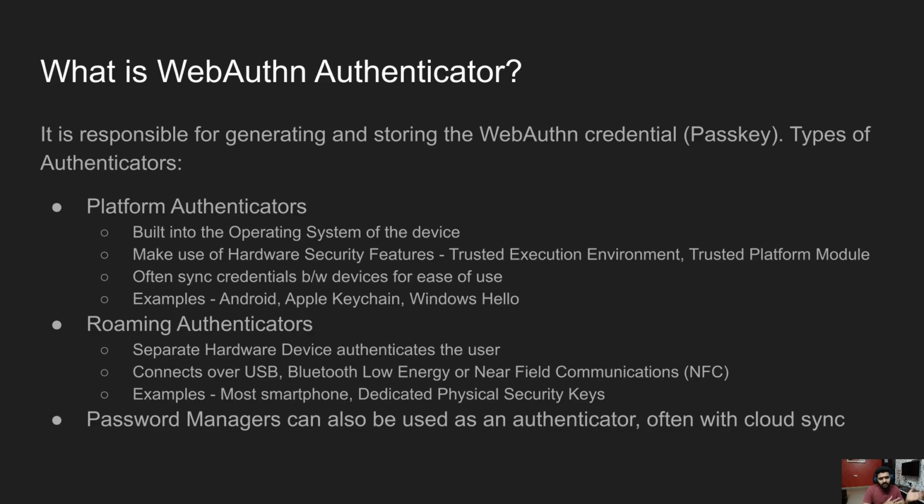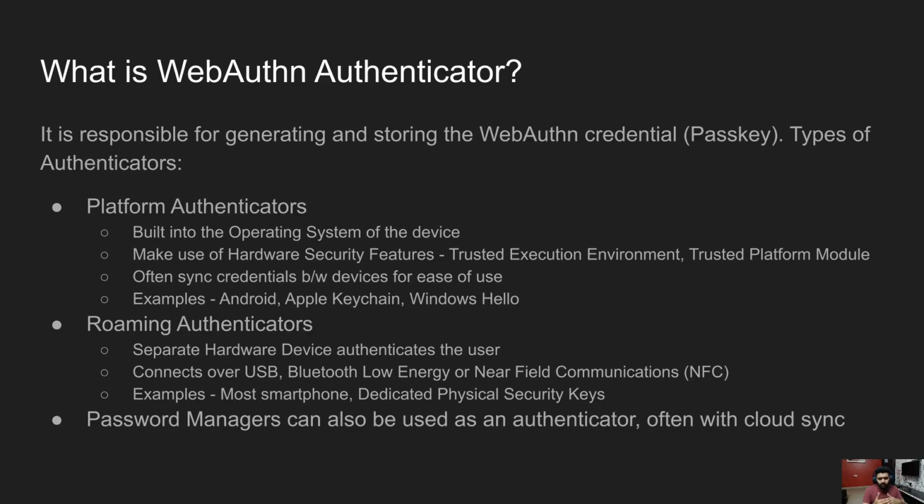Those additional devices are called roaming authenticators. For example, in some platforms, the support may not be there. I'm using Ubuntu and I think it does not have this support. So you can use smartphones, or you can use a physical security key as well, which is mostly called a YubiKey. You can use that as a roaming authenticator.